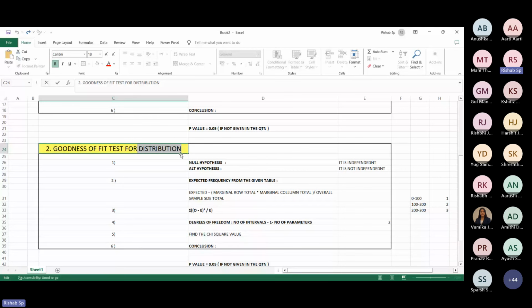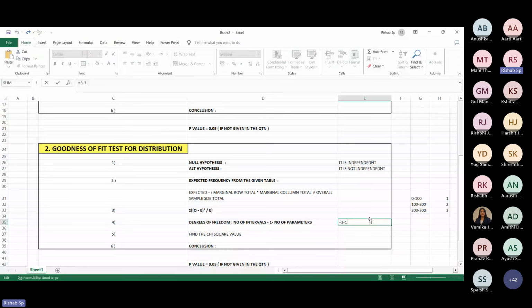We already know it is normally distributed data, so what are the 2 main parameters we require? Mean and standard deviation. So 3 intervals minus 1 from the equation minus 2 parameters, and we get 0. This shouldn't be the case. Let's assume.